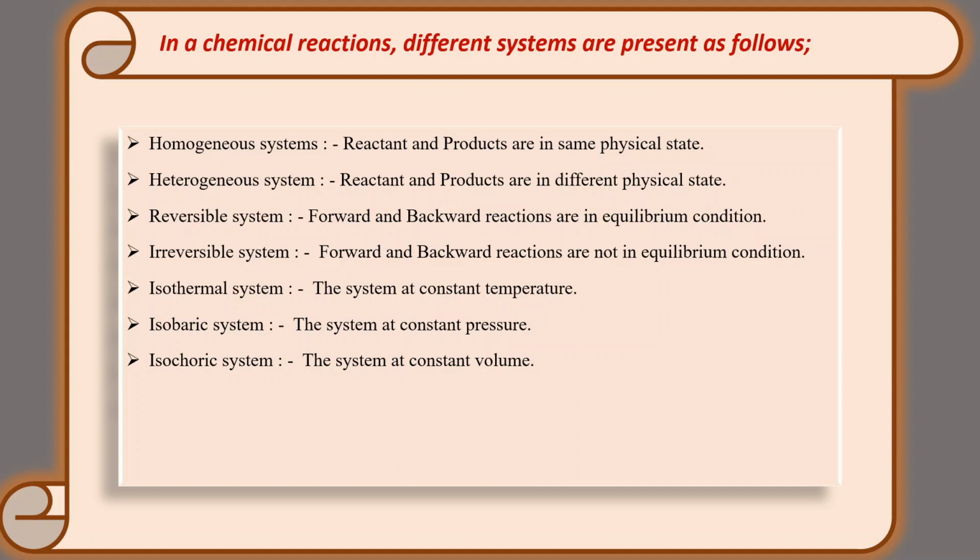And isolethal system, the system followed at constant composition, or sometimes we call it concentration. Before starting today's topic, phase rule, it is essential to know these terms: homogeneous system, heterogeneous system, reversible system, irreversible system, isothermal system, isobaric system, isochoric system and isolethal system.